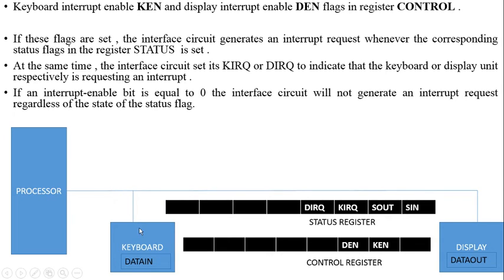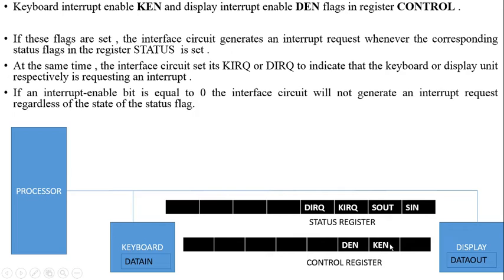Before generating an interrupt request, we check the value of the KEN bit. Here KEN equals 1, which indicates that the keyboard is a part of the currently executing program, so the keyboard can directly place an interrupt request.